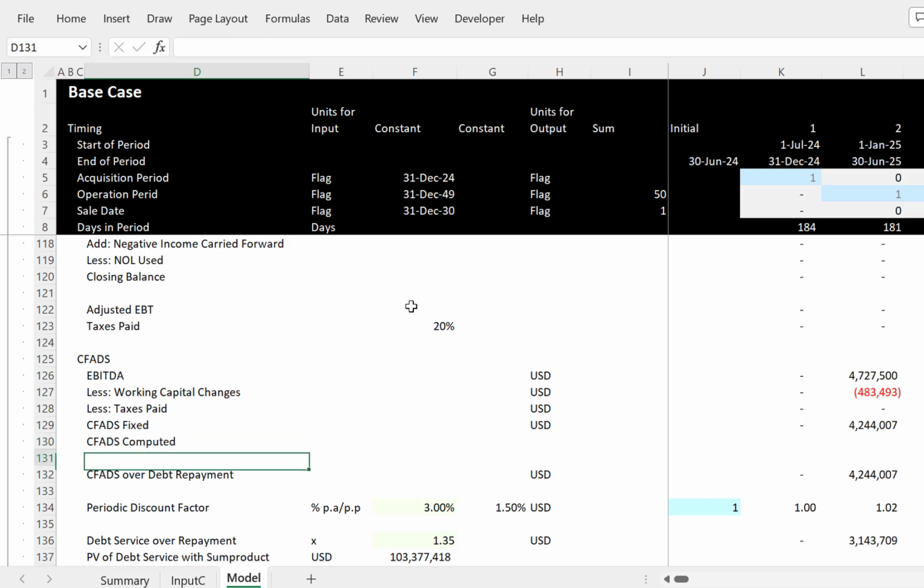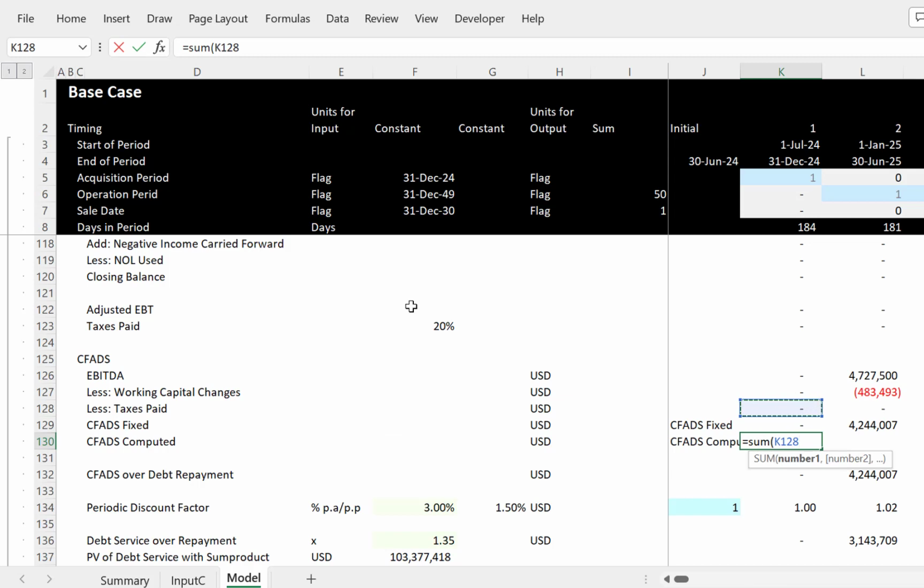And we just go over here. Of course, we put the units here. And then this is CFADS fixed. We're going to need a range name, CFADS computed. Okay, and for this one, we're going to use the same formula. Let's sum this stuff up here. Okay.